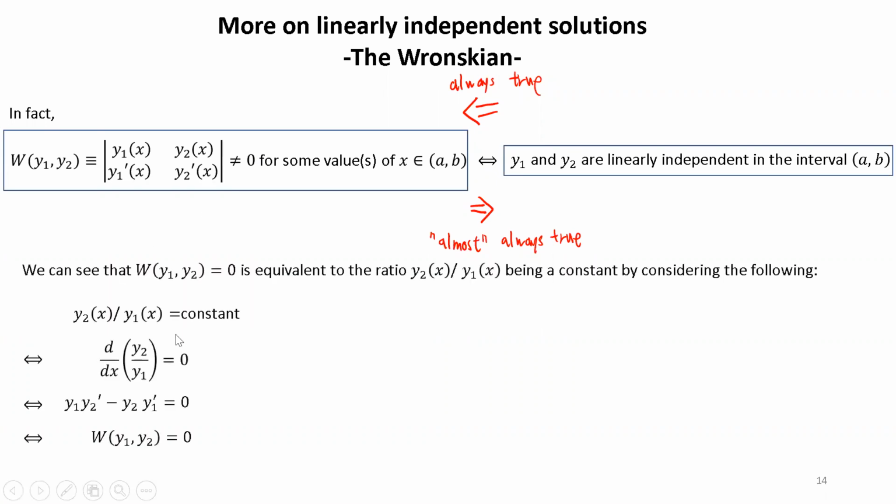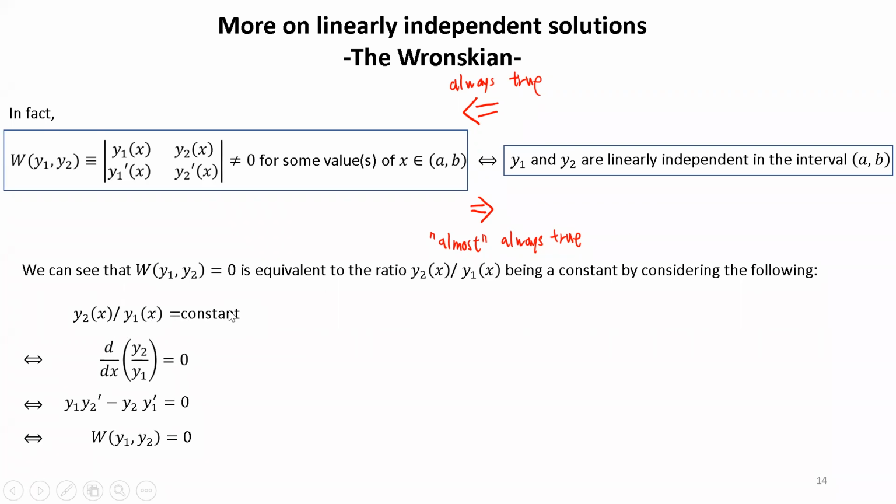So this is just a simple proof here. As I said, what you learned previously to test whether the two functions are linearly independent is just to see whether they are scalar multiples. In other words, you try to divide the two functions and see whether you get a constant or not.